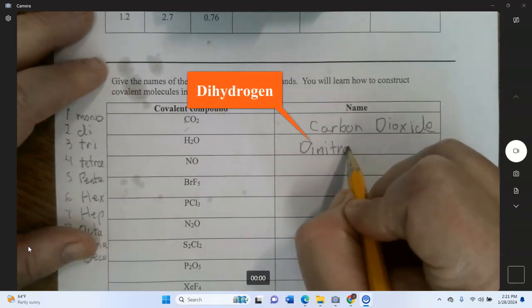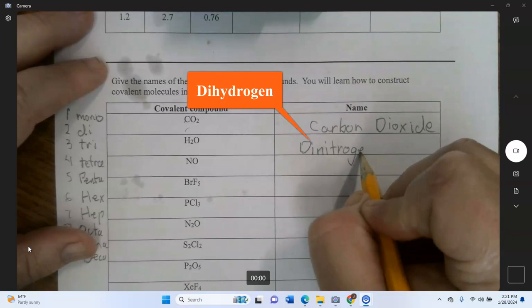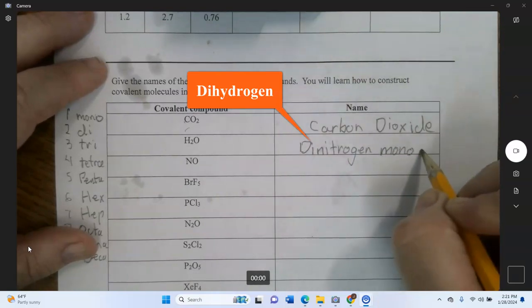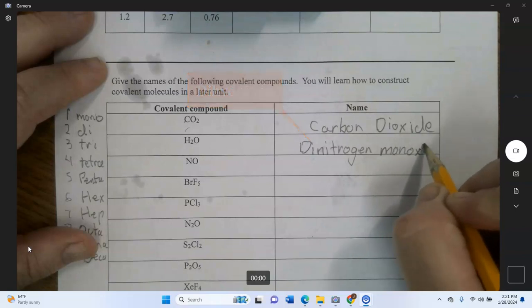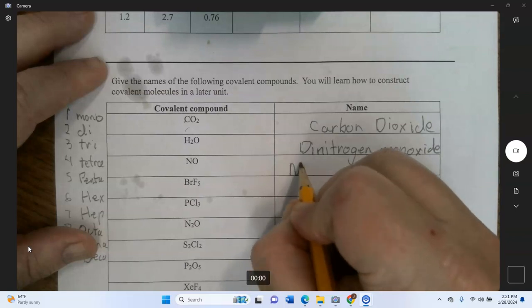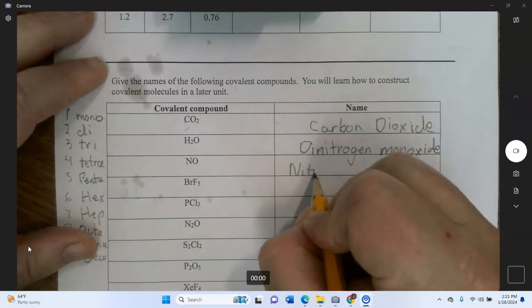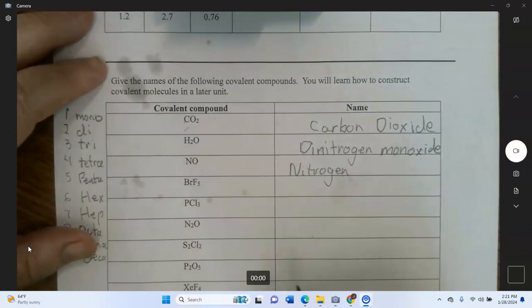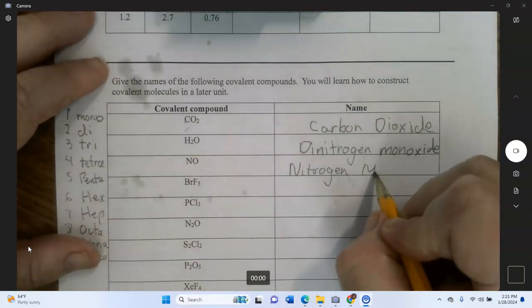Nitrogen monoxide. Not monooxide, monoxide. Nitrogen. I know there's other names you'll look up on the internet. They'll give you different names for some of these, but I want you to use the naming that we're doing here. Monoxide.